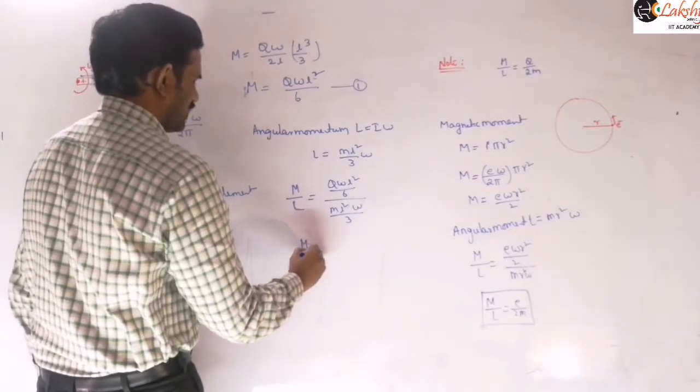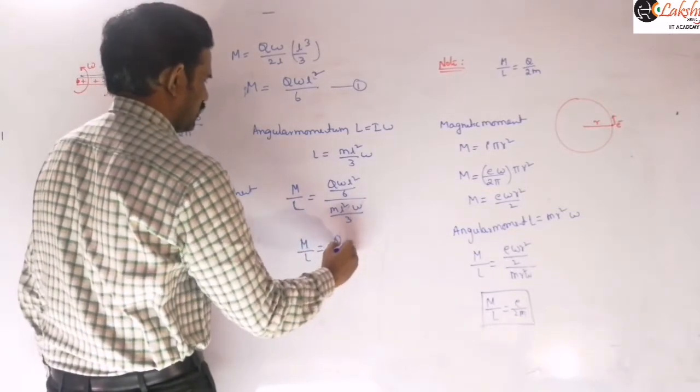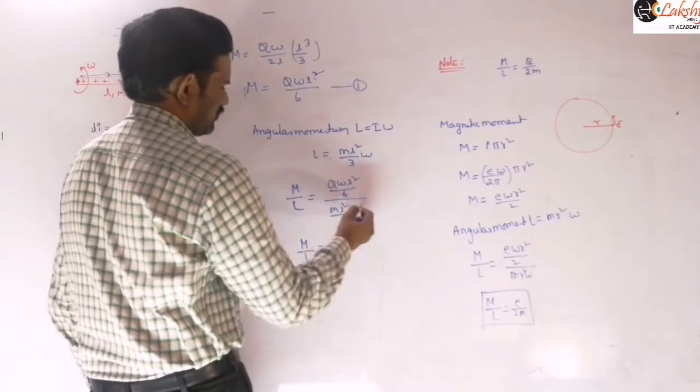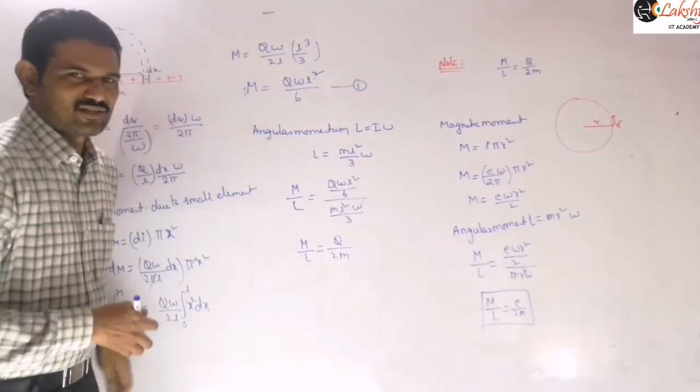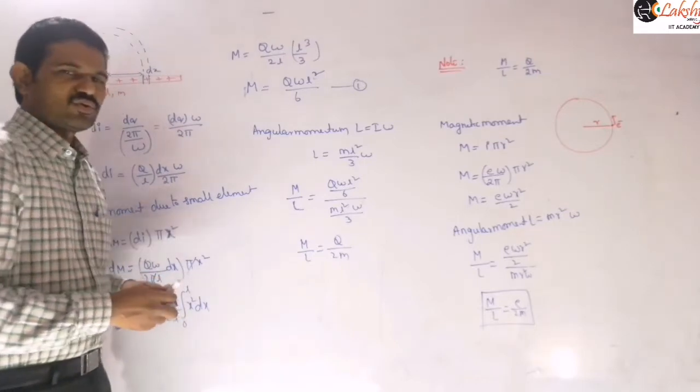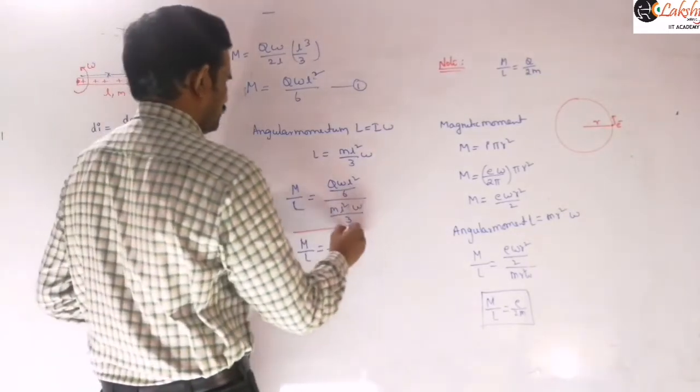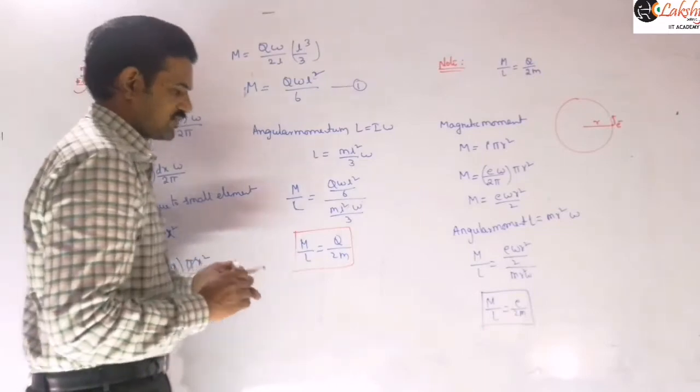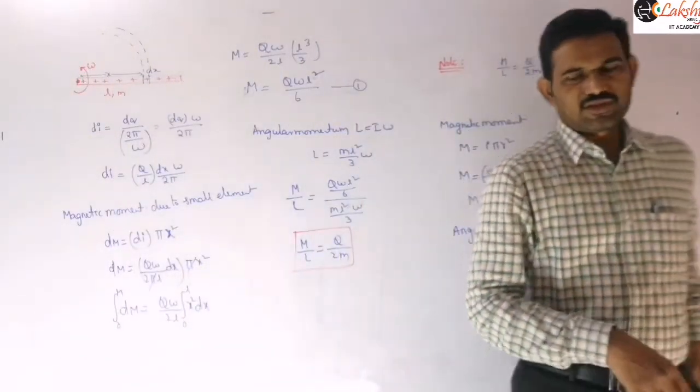So this value we can write as M by L is equal to q by 2m. So that L square omega will be cancelled there, right? So that means now in this case also we proved that here. So we proved that the ratio is q by 2m, right?